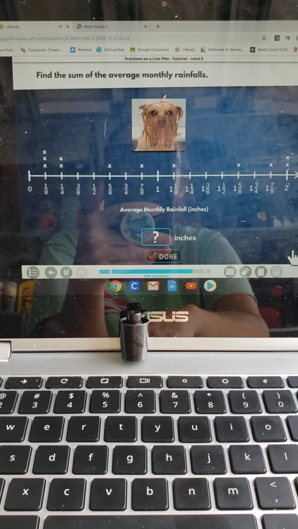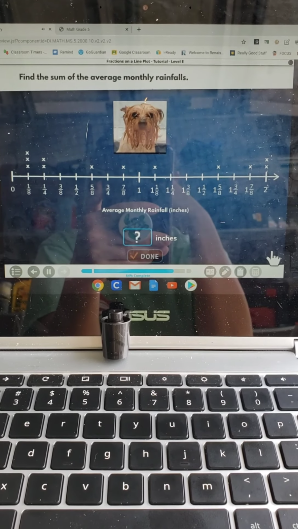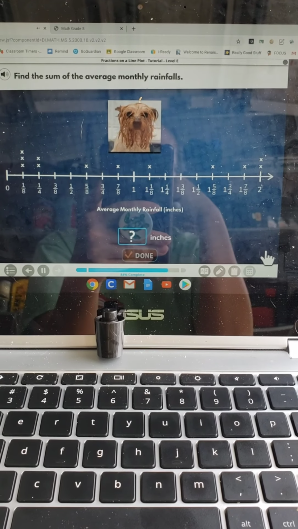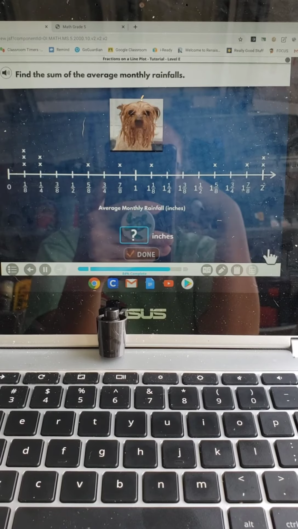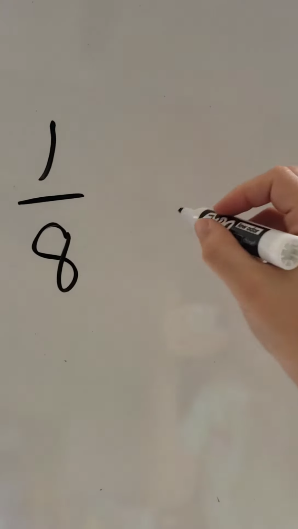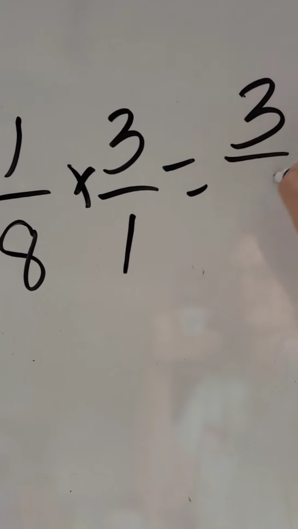Find the sum of the average monthly rainfalls. Use the slash key if you want to enter a fraction. Okay, now we're adding all the monthly rainfalls, which are only the ones with the X's above them. So 1/8 has 3 months. One-fourth is 2 months.